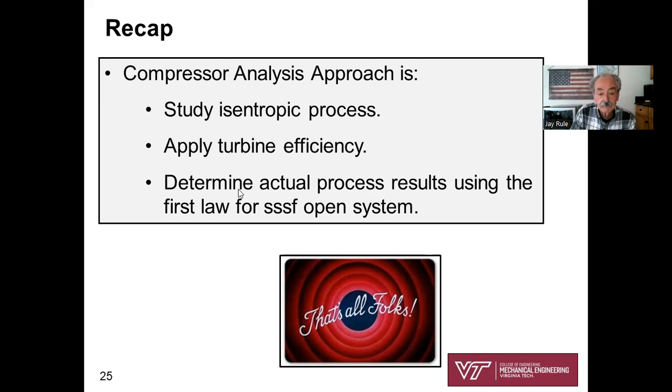And then finally determine the actual process results using the first law for steady state, steady flow open systems. Okay, well, shame on me for not checking my PowerPoint close enough, but I think you get the idea, right? And so that is some worked out examples for how you would analyze real honest to goodness air compressor problems.